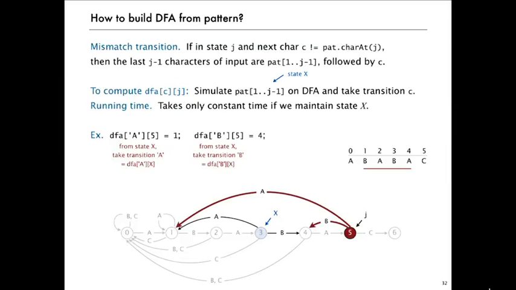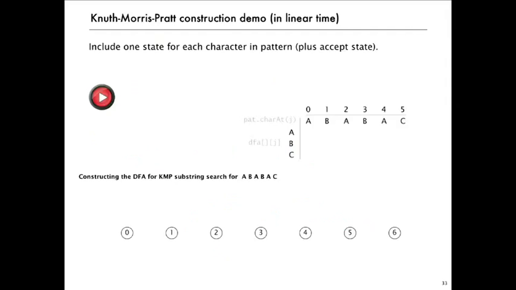When we're moving to the next state, if we had a match on C, state X gets updated to where it would have gone if it got a C, because for the next character, when we move J over for the match on C, we'll want to have X updated. So that's the key: keeping track of the state where the machine would be if we had backed up, or if we had run it on the pattern shifted over 1.